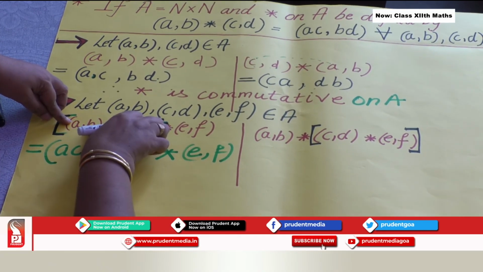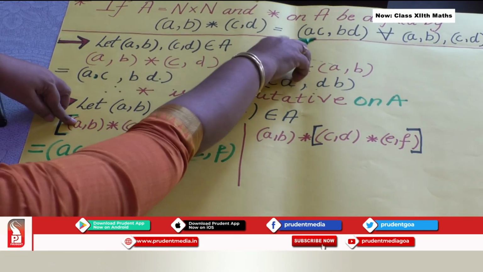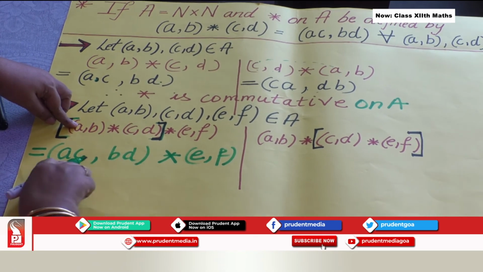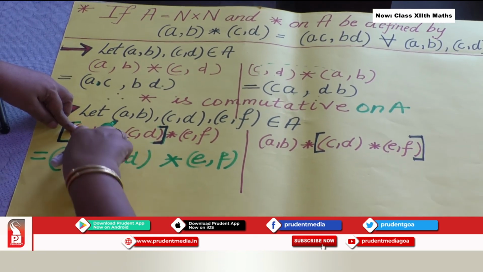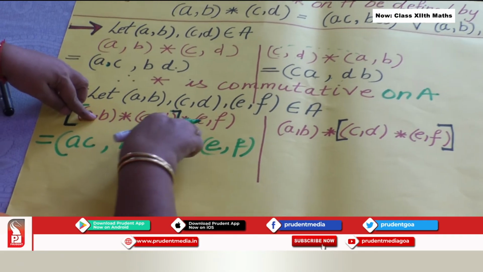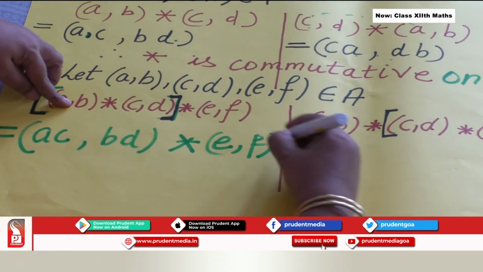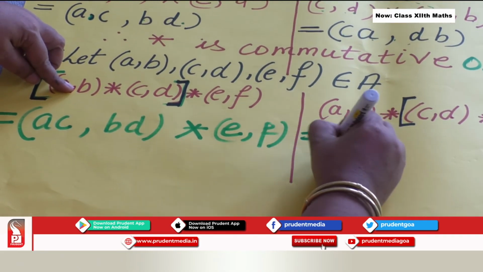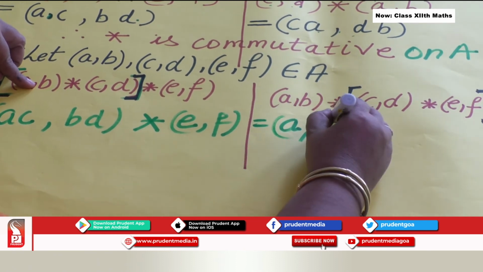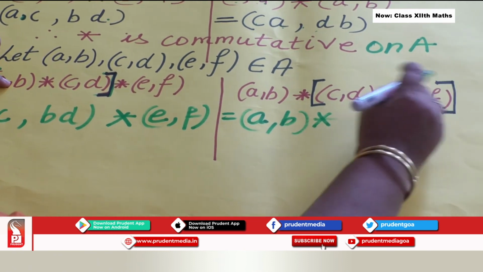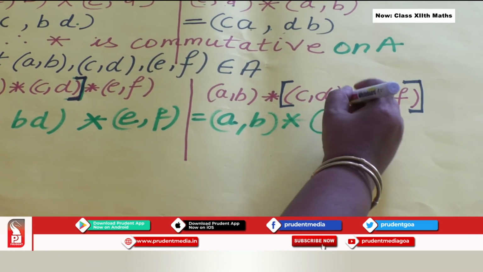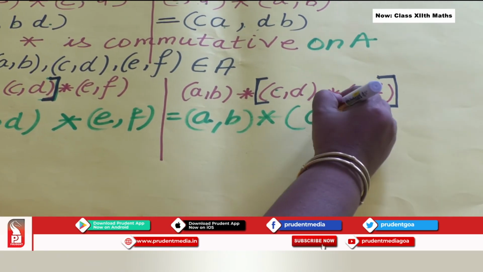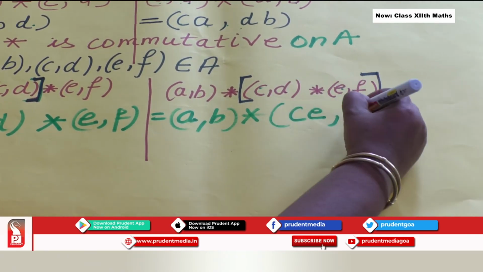These are merged together because of this definition, and you will get only one ordered pair: A into C and B into D. Similarly here, (A, B) will remain the same. First this operation will work, so you will get (C into E, D into F).